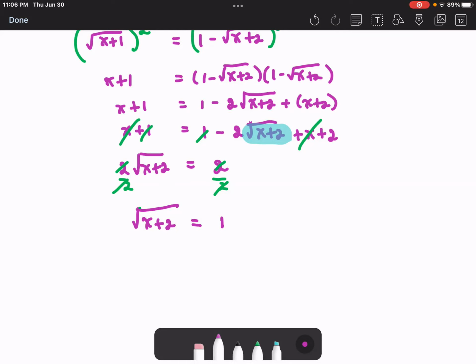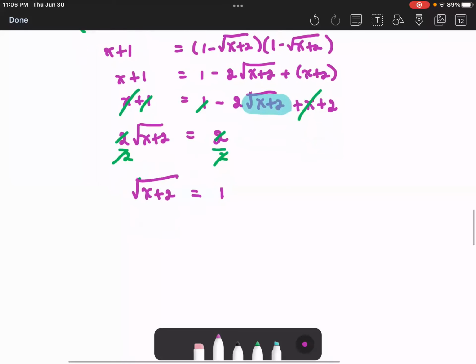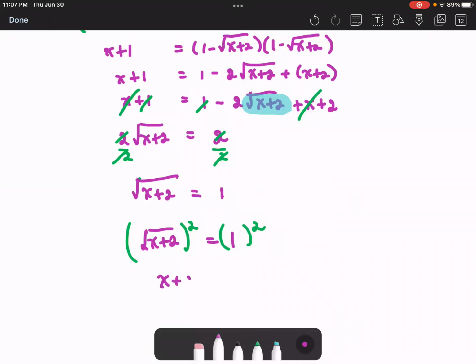To undo the radical or the square root, we're going to raise to the second power. And then the radical on the left-hand side will be gone. Leave us x plus 2 equals 1. Therefore, x equals negative 1. We got this solution. And next, we're going to check whether we should keep this solution or not.